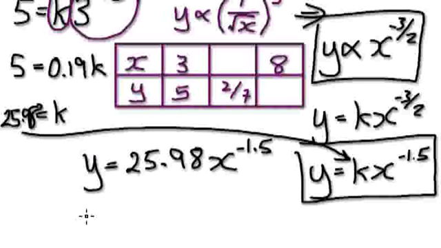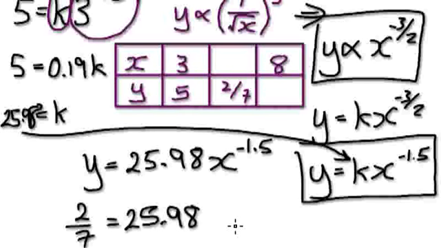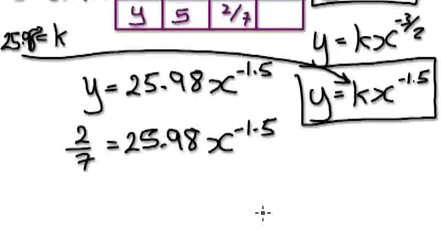So this will become 2/7 equals 25.98 x to the power of minus 1.5. So now let's get rid of this thing here. So divide both sides by that. When you divide both sides by that, it gets multiplied to the bottom.